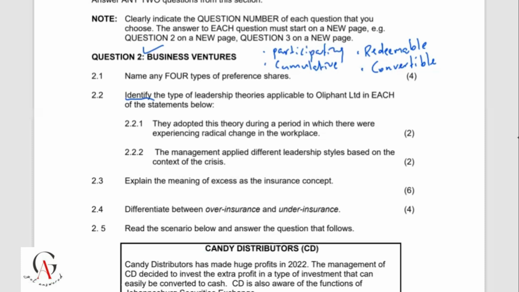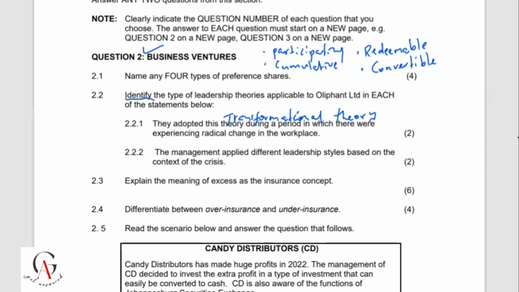They adopted this theory during a period in which they were experiencing radical change in the workplace. So now this is going to be transformational theory. Then we have 2.2.2.